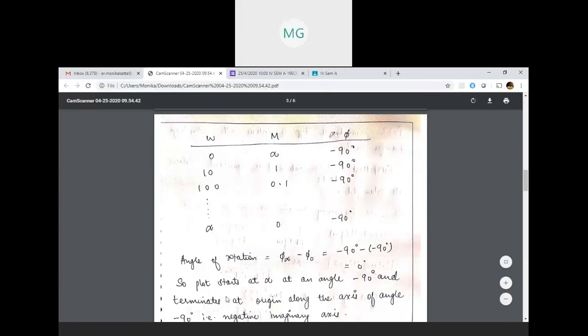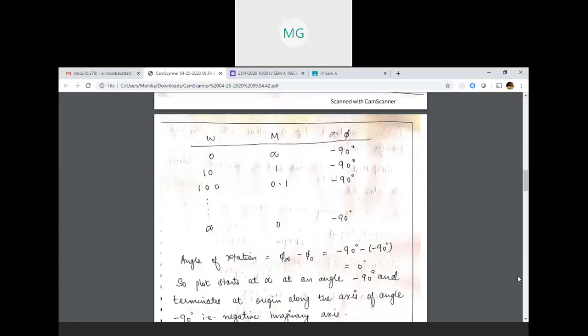Very good. So the plot starts at infinity at an angle of minus 90 degree and it terminates at 0, that is at the origin, along the axis of angle minus 90 degree, that is the negative imaginary axis.